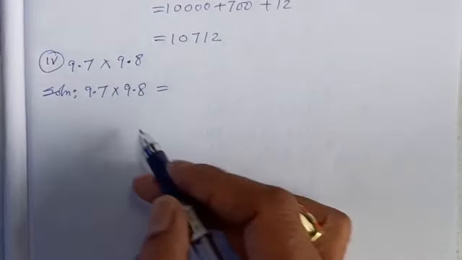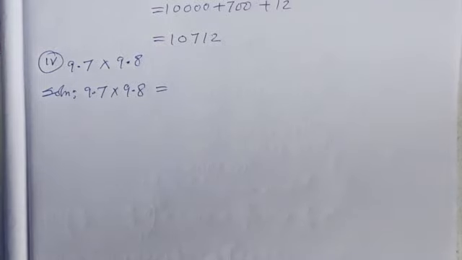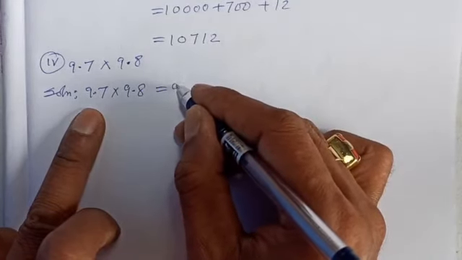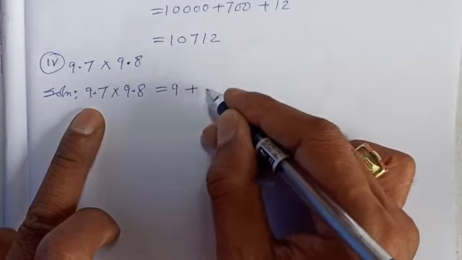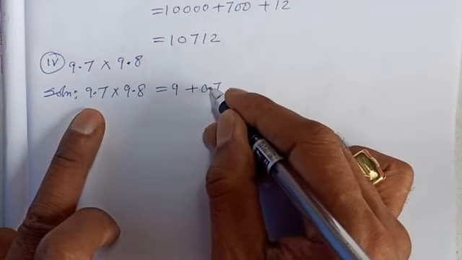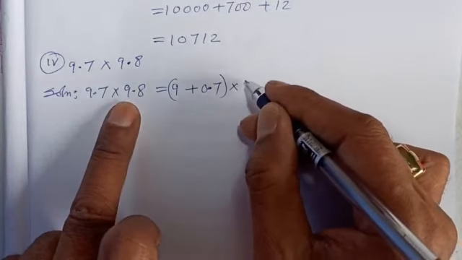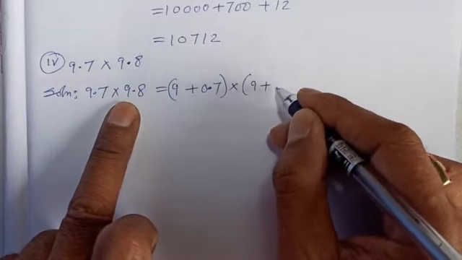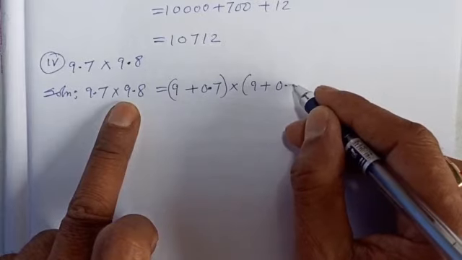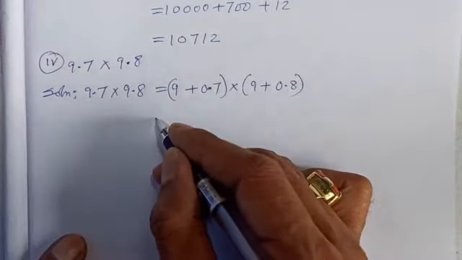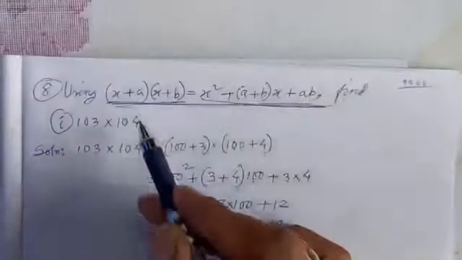So 9.7 we can write as 9 plus 0.7. If we add together, we will get 9.7. 9.8 we can write as 9 plus 0.8. If we add these two together, we will get 9.8. We're writing these numbers in this form: x plus a into x plus b.